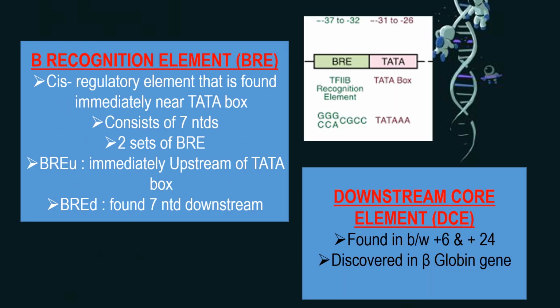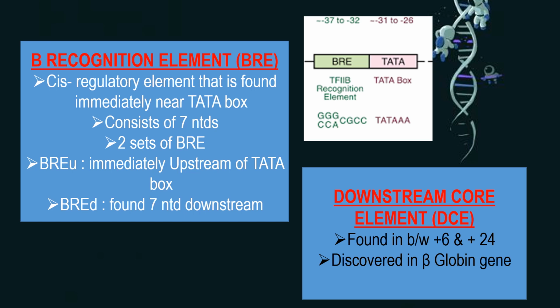The TF2B recognition element is known as B recognition element and expressed as BRE. It is a cis regulatory element that is found immediately near the TATA box. It consists of 7 nucleotides. There are 2 sets of BRE.